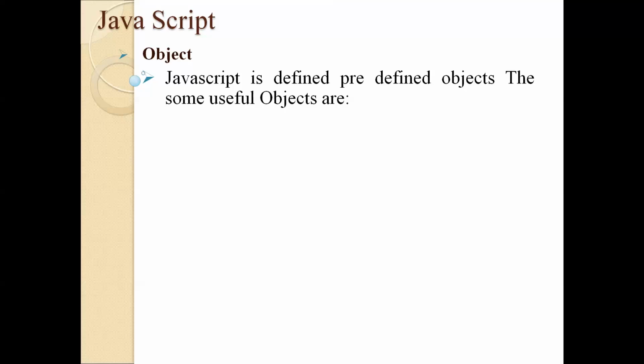Now, in today's class, we are going to start with the different objects that JavaScript has by default. For example, if we consider the Java programming language, there are multiple default objects. Among those, we have two objects which we are very familiar with.